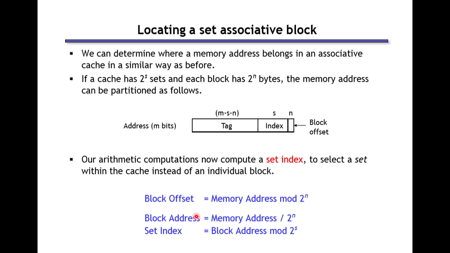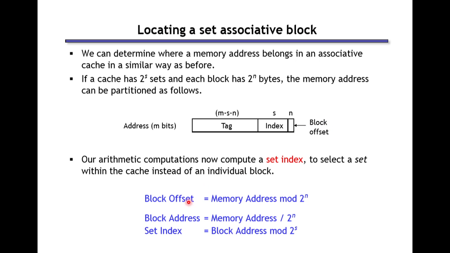Usually, assume that the address has m bits. Out of that, m minus s minus n bits are used as the tag, the remaining s bits are used as the index, and n bits are used as the block offset.